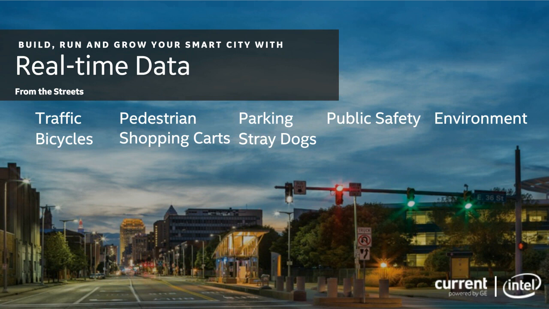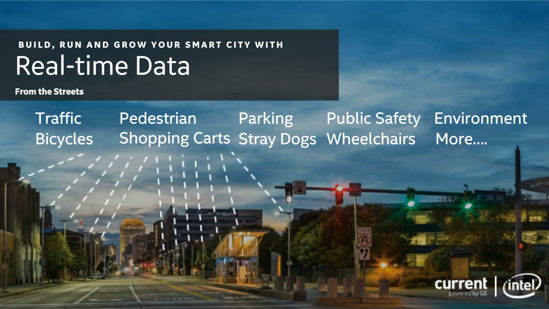We also know that there's bicyclists moving around everywhere, and cities are trying to promote more and more usage of bicycles and public transportation. There's things like shopping carts that show up, or even stray dogs or animals, folks in wheelchairs, or even moms rolling strollers. There is just so much happening where the citizens are utilizing the arteries of the city.